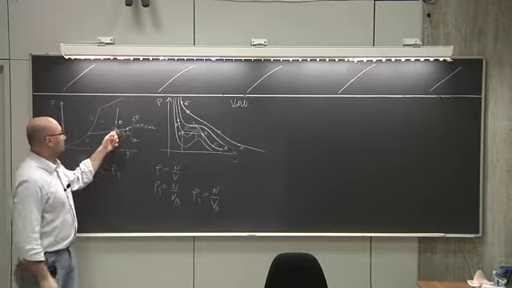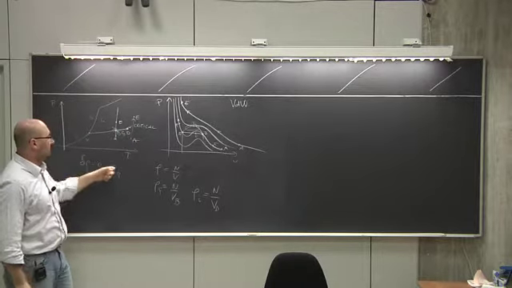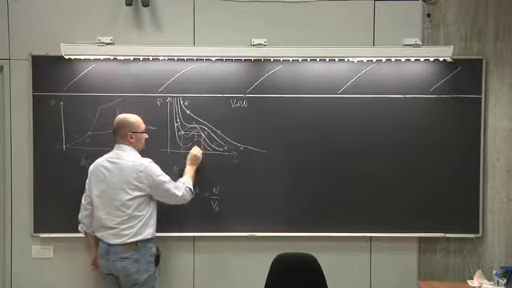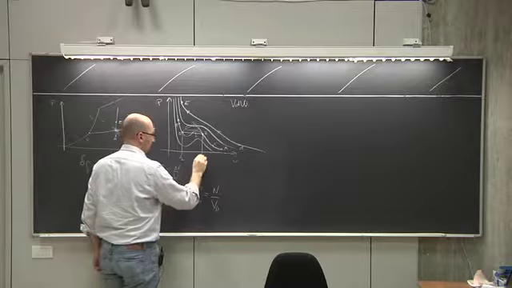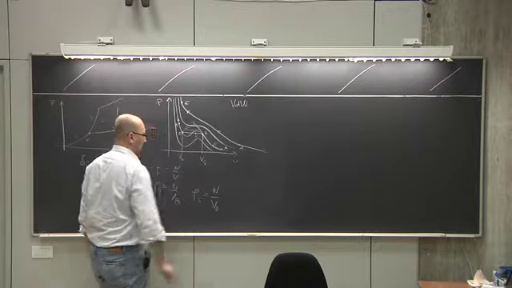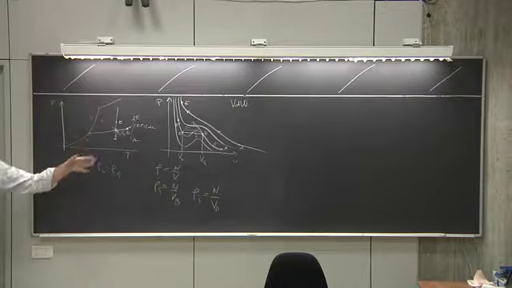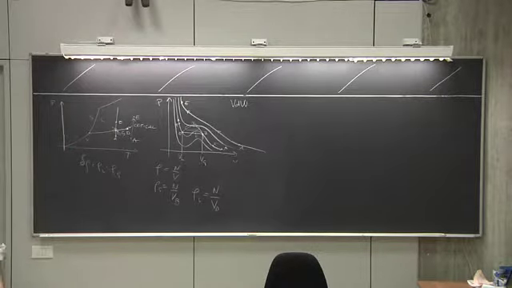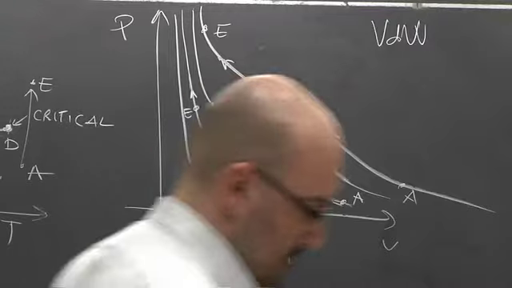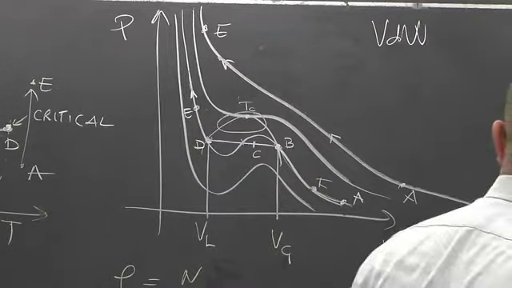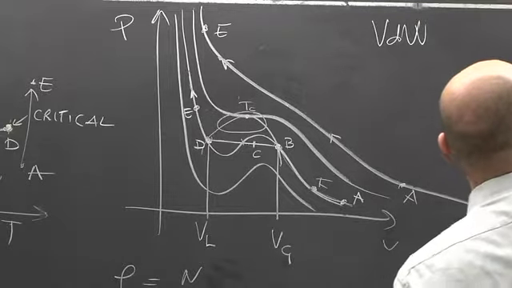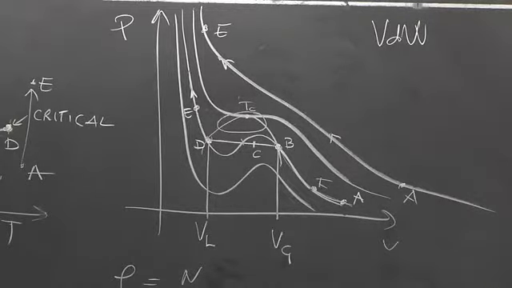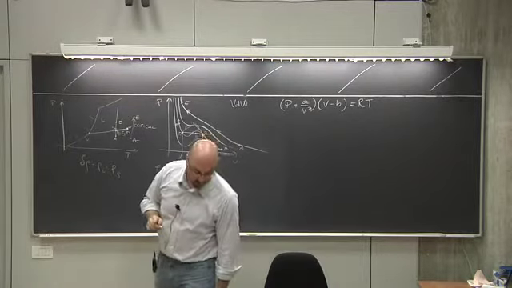So this discontinuity here is the difference of the inverse of the volumes. N is constant, the number of particles is constant. And here I'm considering 1 mole of the gas.